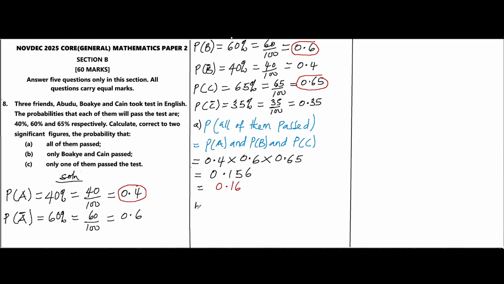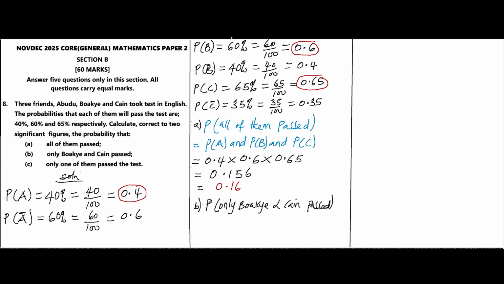Now B, the probability that only Boakye and Cain passed the test. So under what circumstance will only Boakye and Cain pass the test?